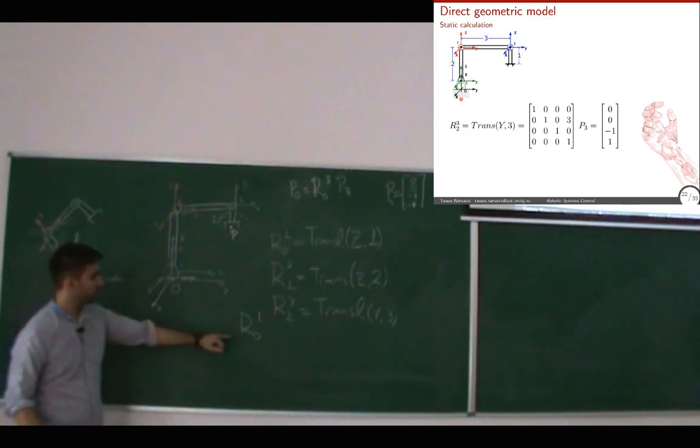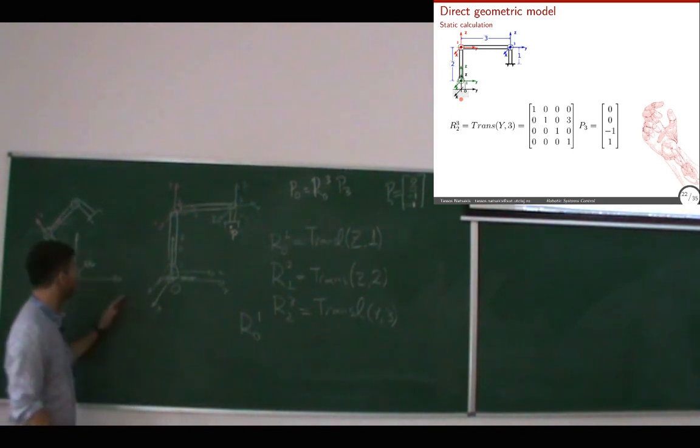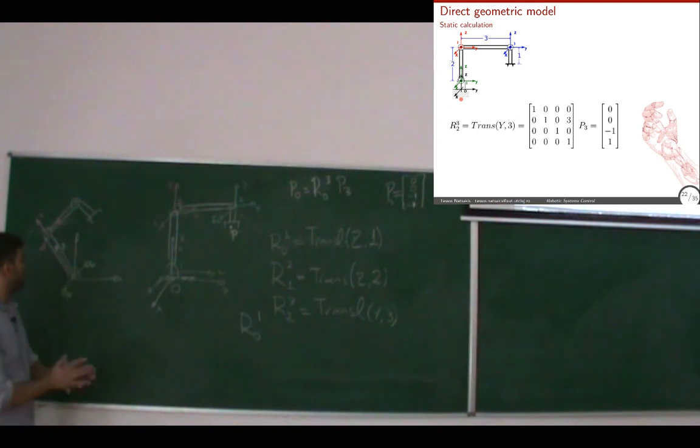Now, I do the first transformation. Okay, I reach here. Now, should I move along the green axis to go to the next one, or should I move along the white axis? The green axis, right? So I should multiply from the left or from the right?